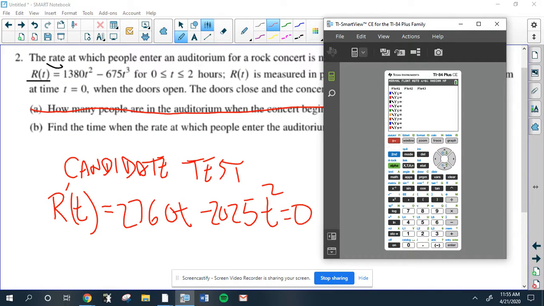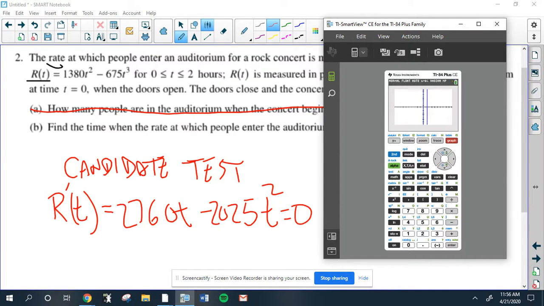y equals 2760x minus 2025x squared, graph.